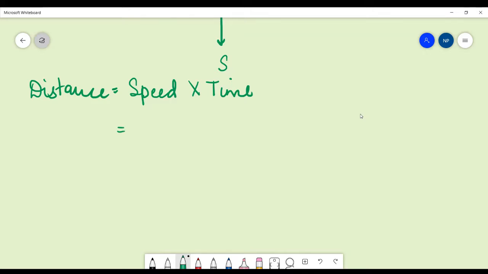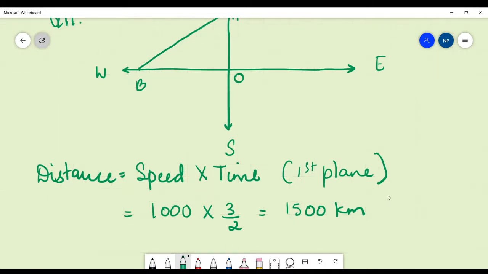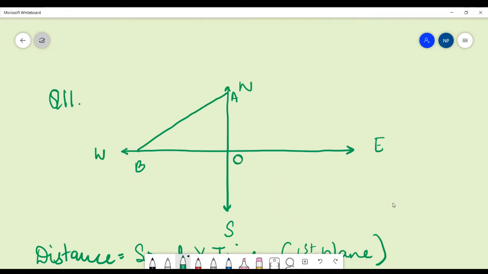We know the speed is 1000 km multiplied by time. Now this is for the first plane. 1000 into 3 by 2. Now on cancellation, how much do we get, children? We will get 1500 km. Okay, that means after 1.5 hours, it has reached over here 1500 km.